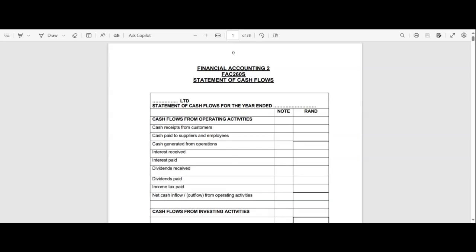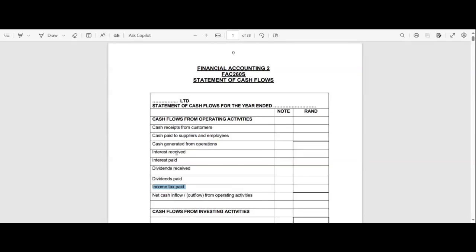They belong in the statement of comprehensive income. So clearly we see this is not interest income. This is not interest expense or finance cost. This is not dividend income. This is not dividends declared. And this is not income tax expense.